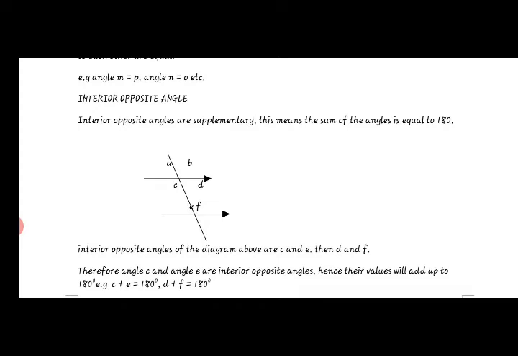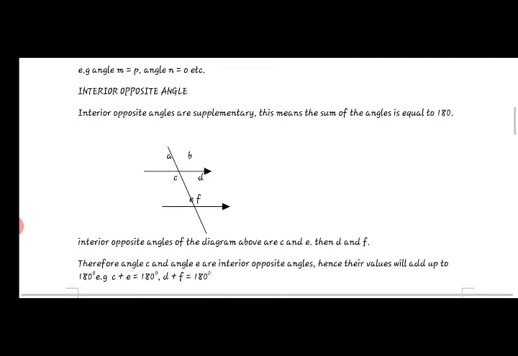When you add the value of angle C and the value of angle E together, they must give you 180 degrees. When you add the value of angle D and the value of angle F together, they must give 180 degrees. So angle C and angle E are supplementary angles, and angle D and angle F are supplementary angles.